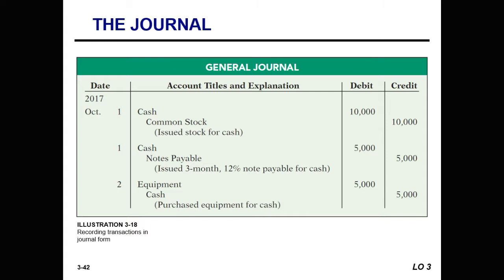We issued a 3-month 12% note payable for cash. It provides a little bit of extra detail so that if somebody comes back to the general journal to try to trace possibly a problem and error, or look for something that may not be correct, or they're just looking for a why, the information is there.